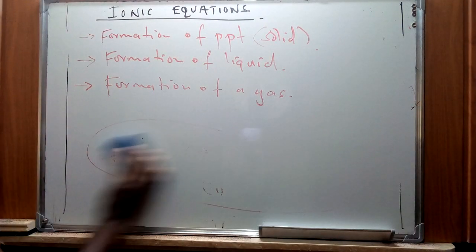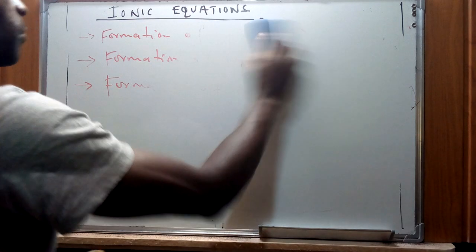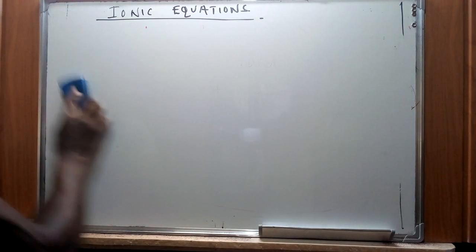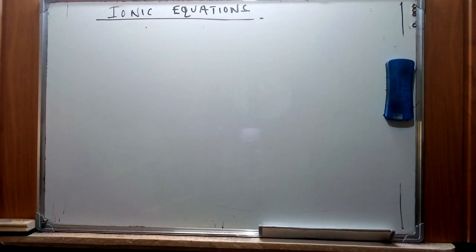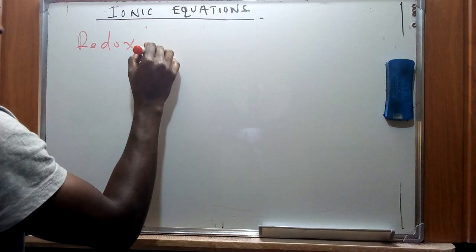For instance, this is a reaction whereby we are having exchange of radicals for the barium and the chloride respectively. Now suppose we have another kind of reaction, maybe a redox reaction.